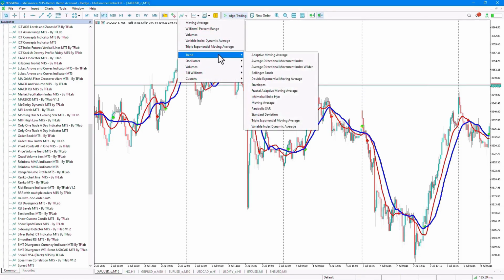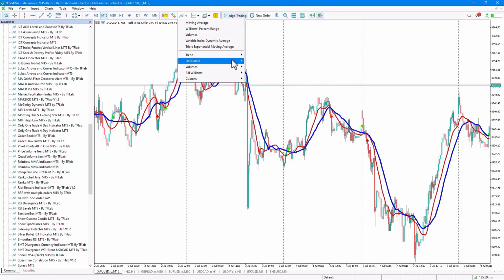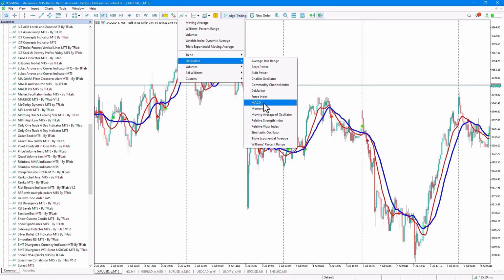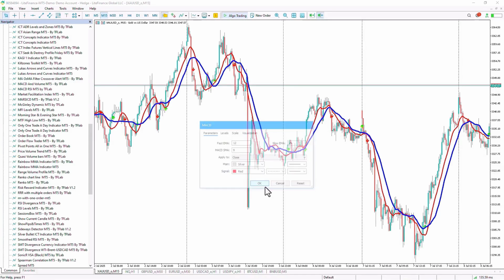And also, I will add a very important and widely used MACD indicator to the chart as well, which is a powerful technical analysis tool.